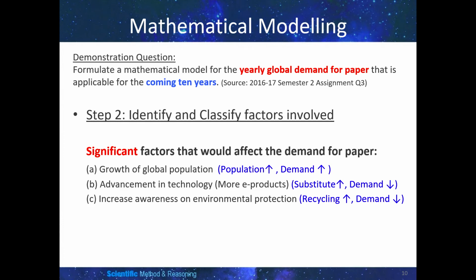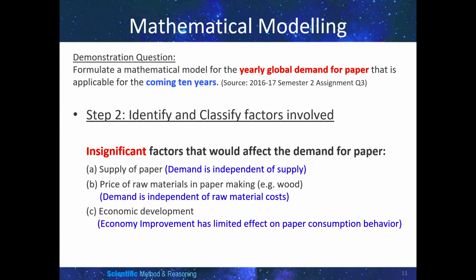The third significant factor is the increase in awareness on environmental protection. So we can recycle paper. The higher the recycling rate, the less the demand. Then we can move on to the insignificant factors that would affect the demand for paper. What will be insignificant?